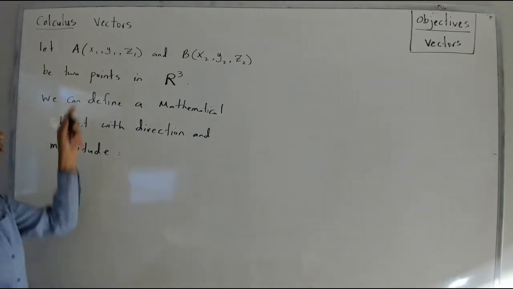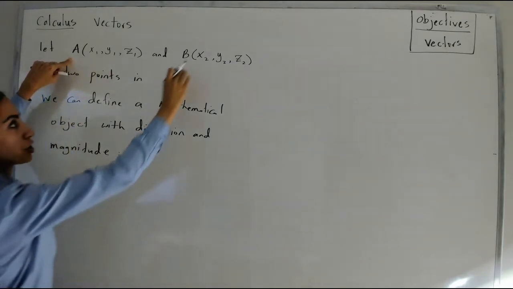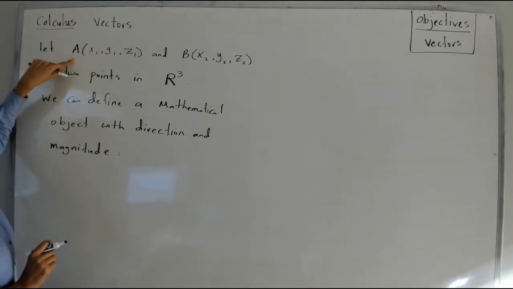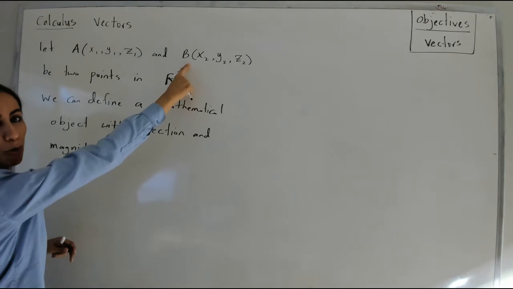So suppose you start from point A and you're reaching out to point B. We have the initial point A and we have the terminal point B.